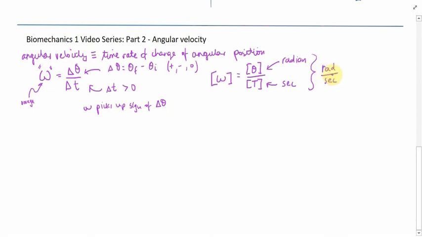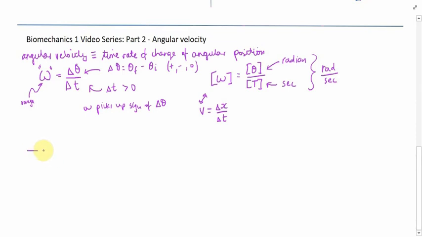Notice how this is analogous to velocity, where velocity is some change in linear position divided by some change in time. We'll look at the link between these two in our fourth video.